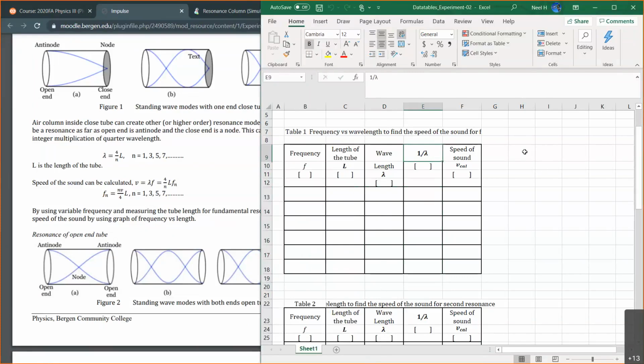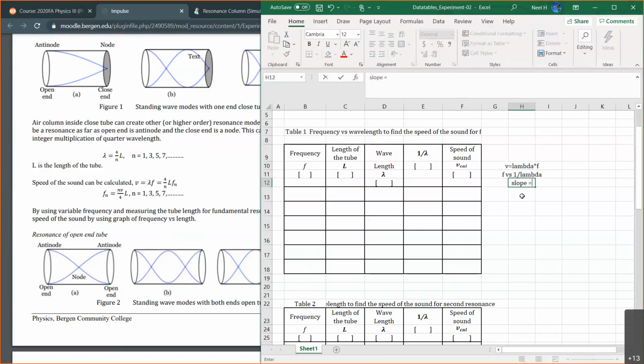The reason is, if I'm using this equation, v equals lambda times f, then I can make a graph of f versus 1 over lambda. If you make a graph of frequency versus 1 over lambda, then the slope of that graph is going to be the velocity, which means that graph is going to be linear.